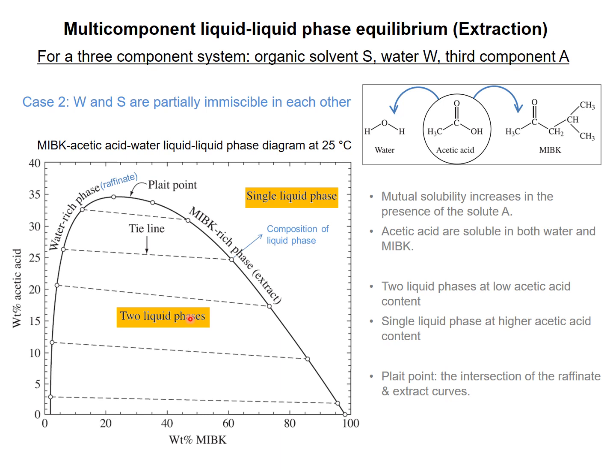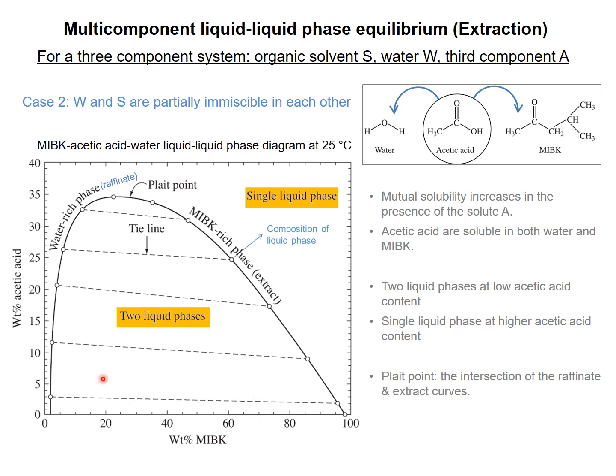Between those two regions, we have a boundary. This looks like a dome, and the left heel of this dome is the water-rich phase, and the right heel of this dome is the MIBK-rich phase because we have a higher concentration of MIBK.